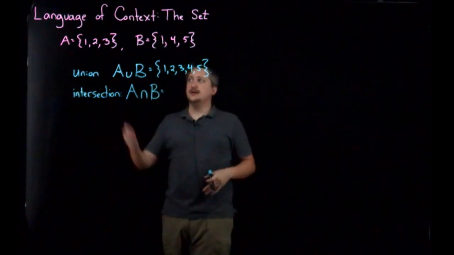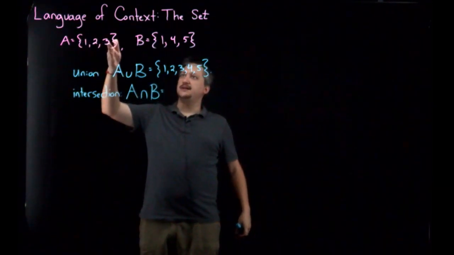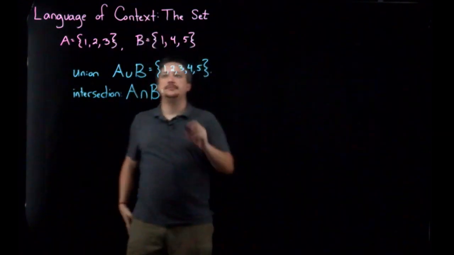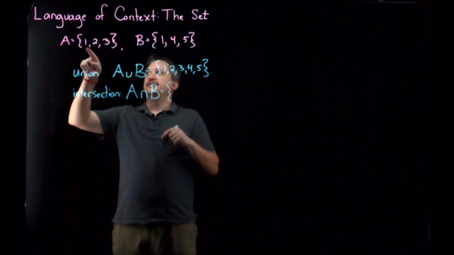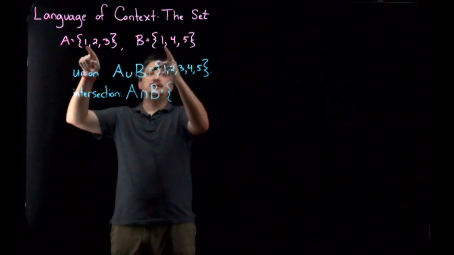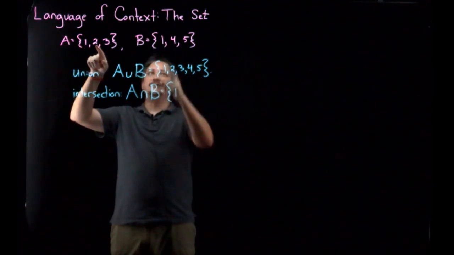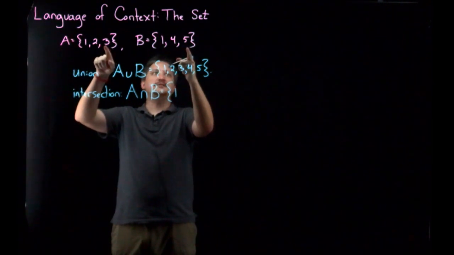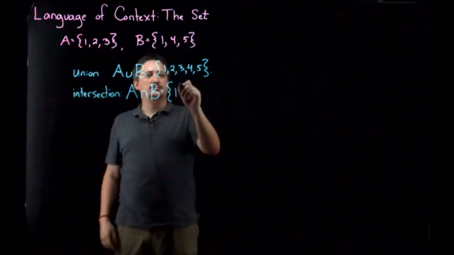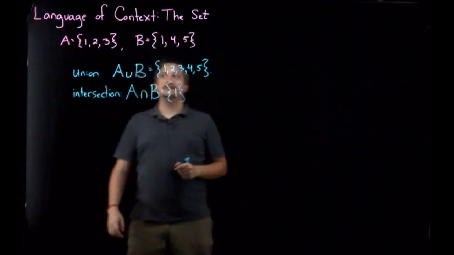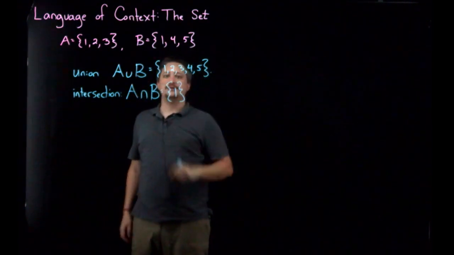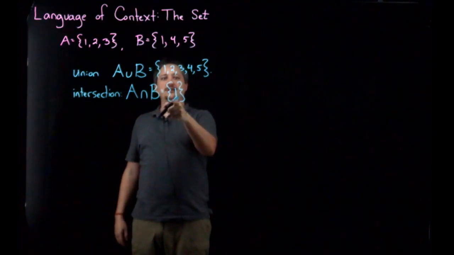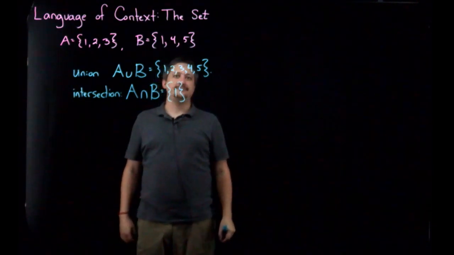So in our example, I write down all the things in A that also show up in B. I go through A and B and say, 1 is in A, is it in B? Yes. 2 is in A, is it in B? No. 3 is in A, is it in B? No. So that's it, because 4 and 5 were not in A, so I don't need those either. So this is just the set of 1, and that's it, okay?